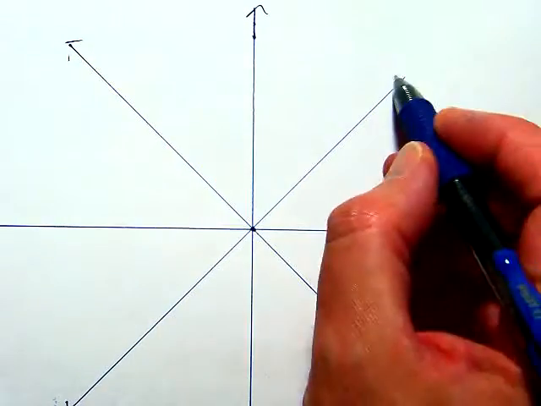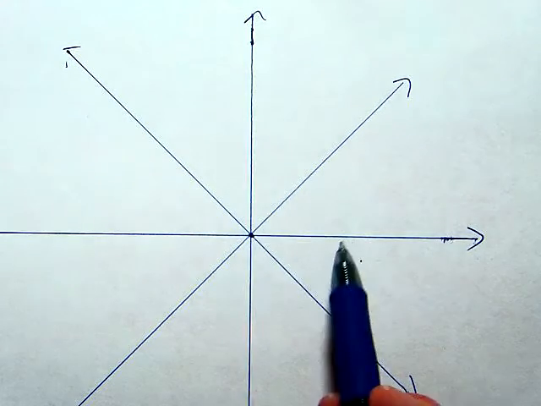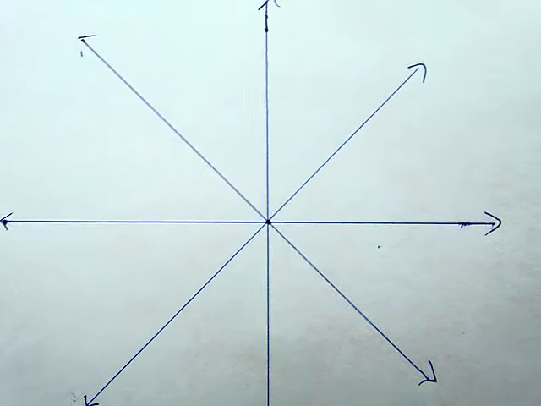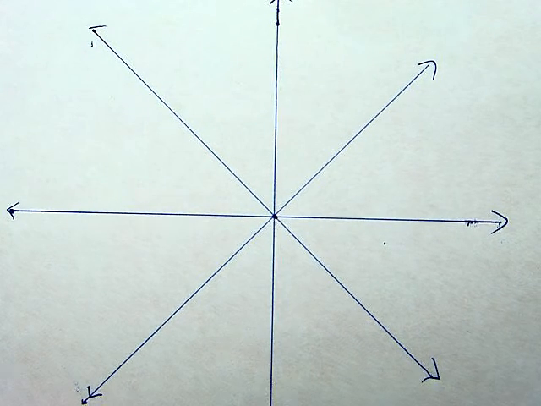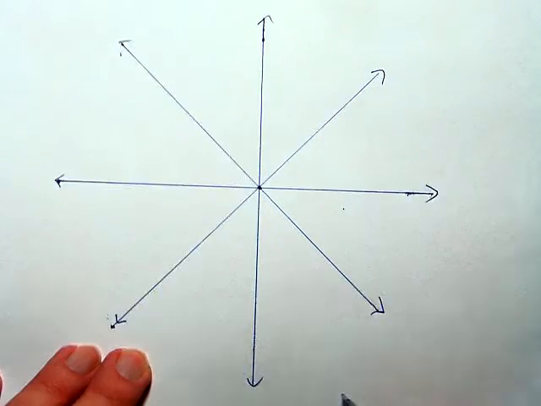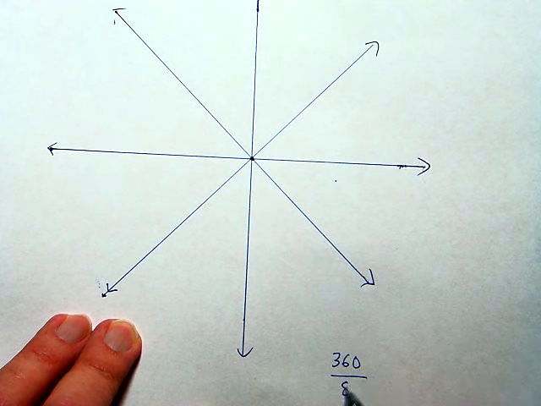let's count them. We've got 1, 2, 3, 4, 5, 6, 7, 8 rays, evenly spaced, pointing around a center point. That means that we're taking our 360 degrees and we are dividing it equally into 8 spaces.